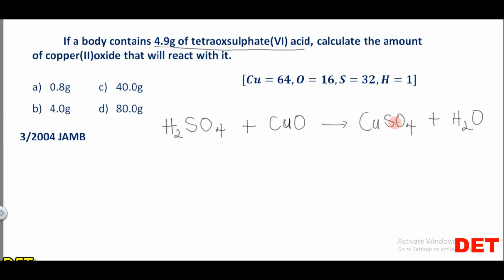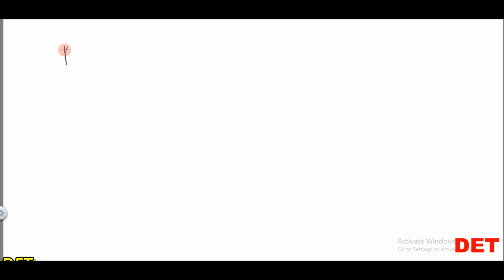So having done this, the next thing I will do is to look for the mass of tetraoxosulphate(VI) acid here, and also the mass of copper(II) oxide. So what is the molecular mass of tetraoxosulphate(VI) acid, H2SO4? The molecular mass is equal to H2 plus S plus O4.